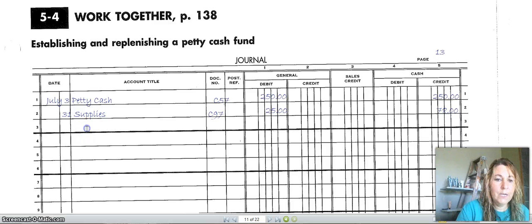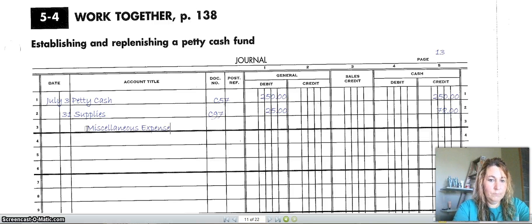Okay, on the next line, the next account we used is miscellaneous expense. We don't need a document number because we've already recorded our check number. We're going to debit miscellaneous expense for $8.